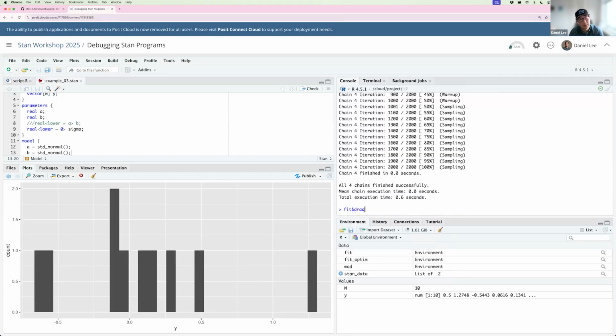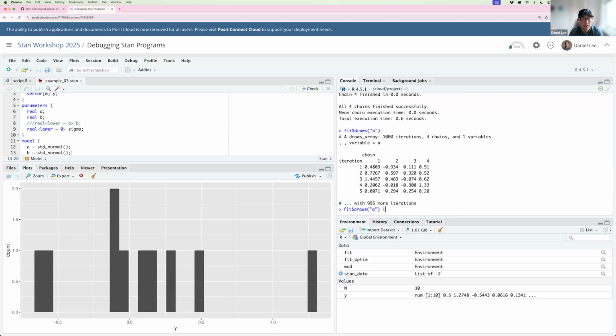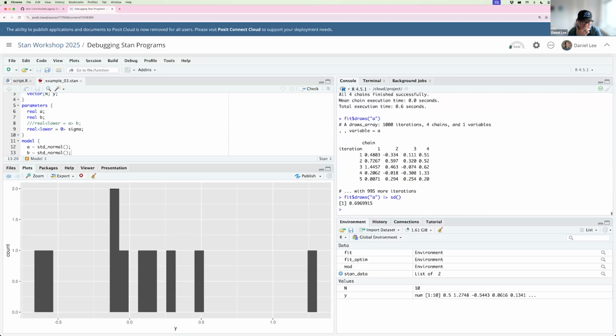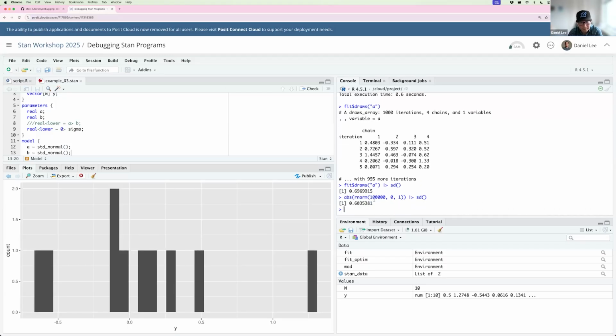It draws, let's see, a, so that's the standard deviation of that. But if we do our norm and just simulate our way through this, 0, 1, but we're bounding it by 0. So if we take the absolute value, it'll do it. Take the SD. A is a little bigger.